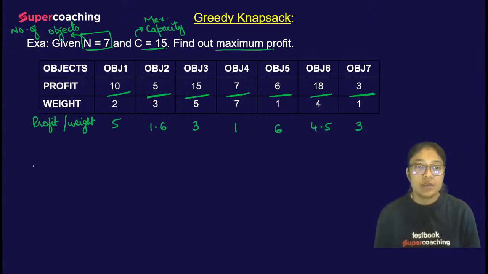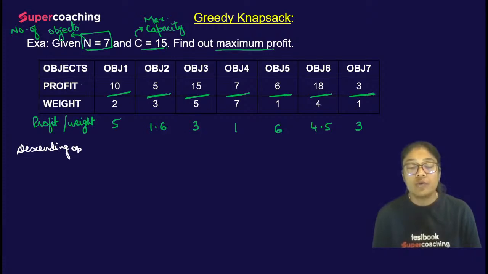Now next step is to arrange them in the descending order on the basis of the profit upon weight ratio. Descending order में sort कर रहे हो आप. So first of all, the first priority will be given to object 5. Then second priority will be given to object 1. Then object 6.